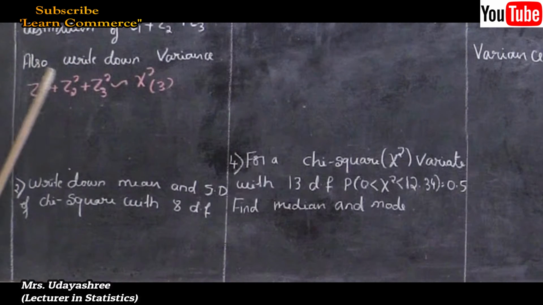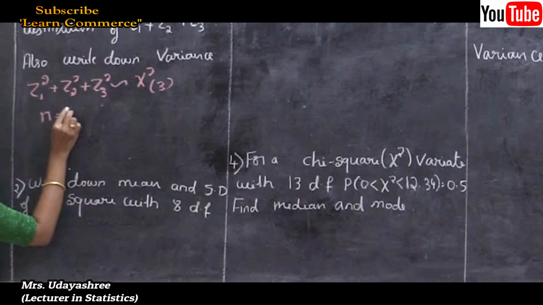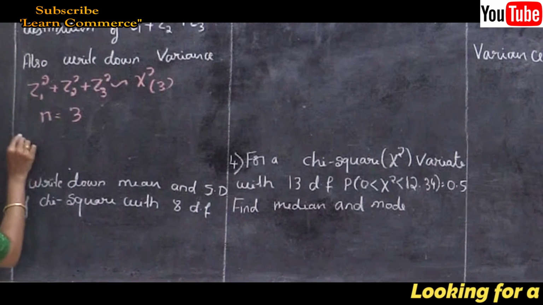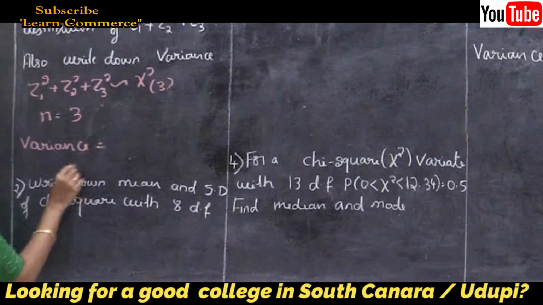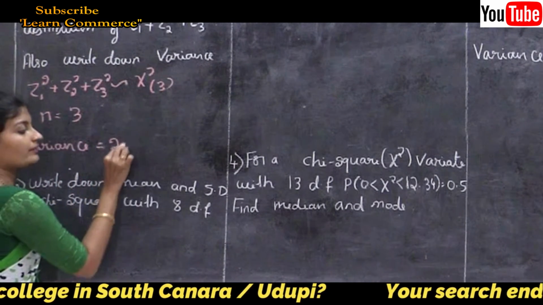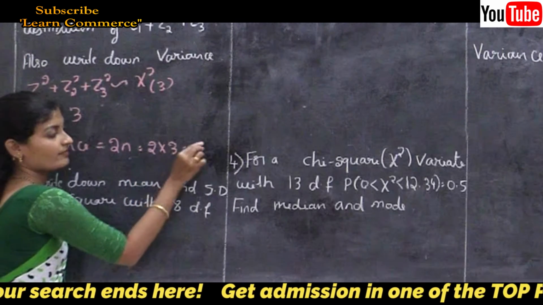Next we need to write the variance. Here n is 3, so what is the formula of variance? The chi-square variance formula is 2n. Here n is 3, so 2 into 3 is 6.